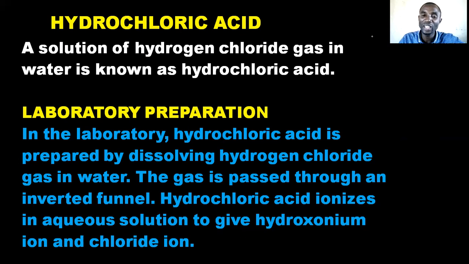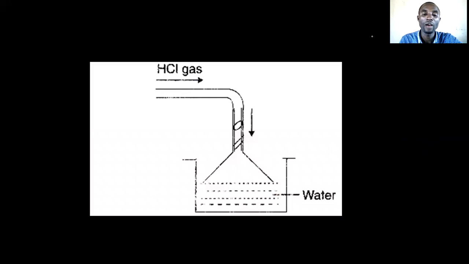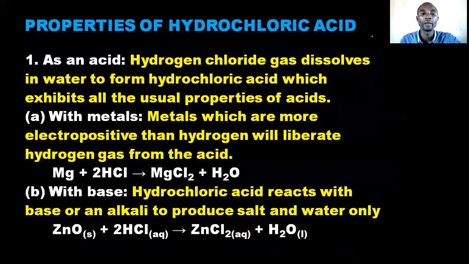All right, let's take a look at how it's prepared in the lab, the image of the inverted funnel. Look at it. Hydrogen chloride gas is allowed to pass and dissolve in water through an inverted funnel. Then the aqueous solution there is hydrochloric acid, now the acid. Okay, what are the properties of that?